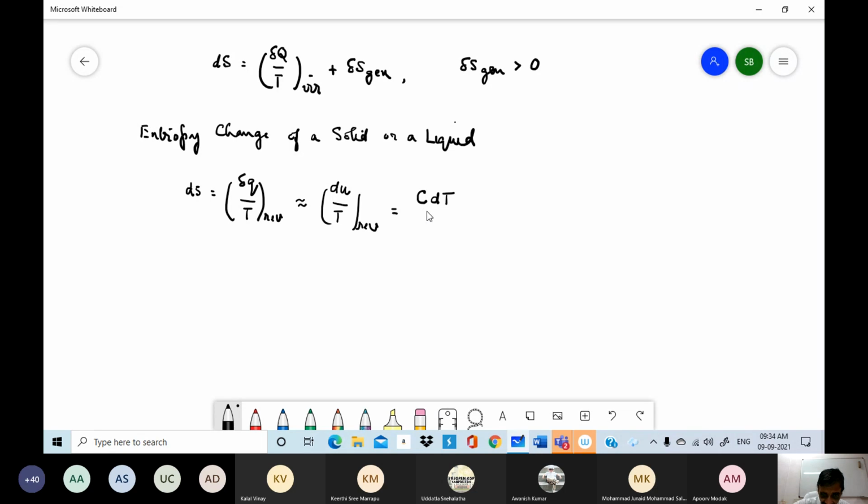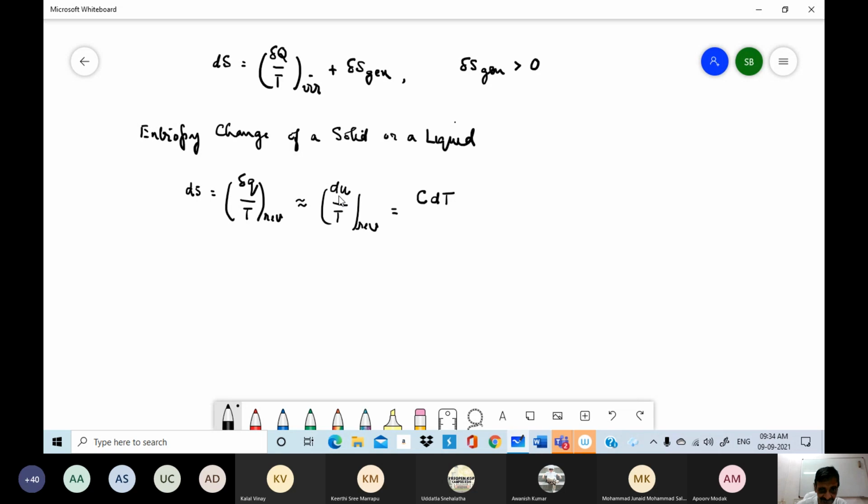Unlike that, when I look up the book, I find that the specific heat, which is the energy required per unit mass per unit change in temperature, is denoted by a capital letter even when it's per unit mass. That seems to be the convention.